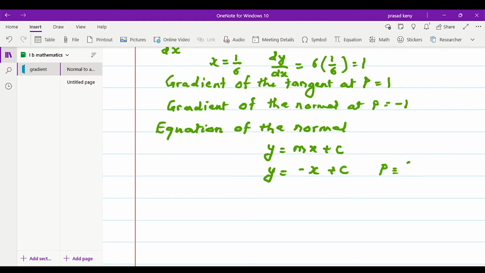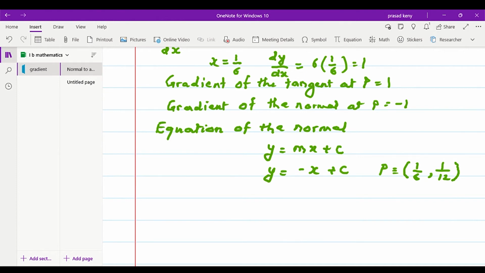P's coordinates are 1 upon 6, 1 upon 12. Why am I substituting the coordinates of P in this equation? Because P also lies on the normal. As I already made it clear, P is a point which lies on the curve, on the normal as well as on the tangent. So I'll put x is 1 upon 6 and y is 1 upon 12.